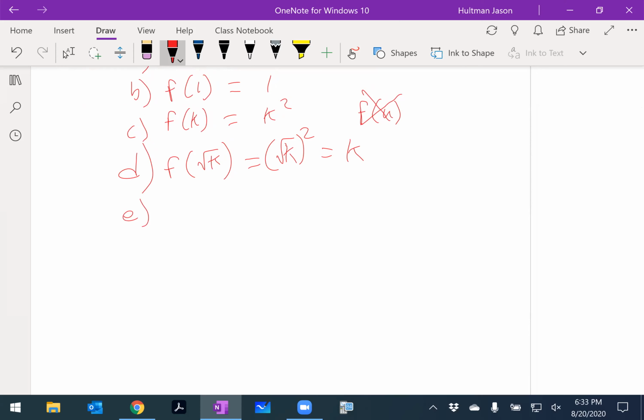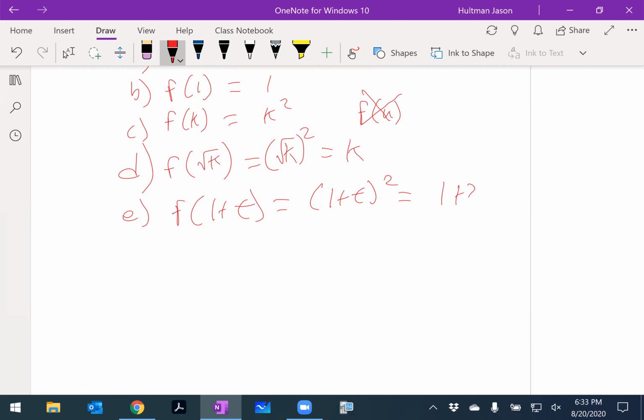Okay, E. What about f of 1 plus t? What's this one going to be? Well, let's see what we get here. We're going to go 1 plus t quantity squared. We're going to FOIL this out.